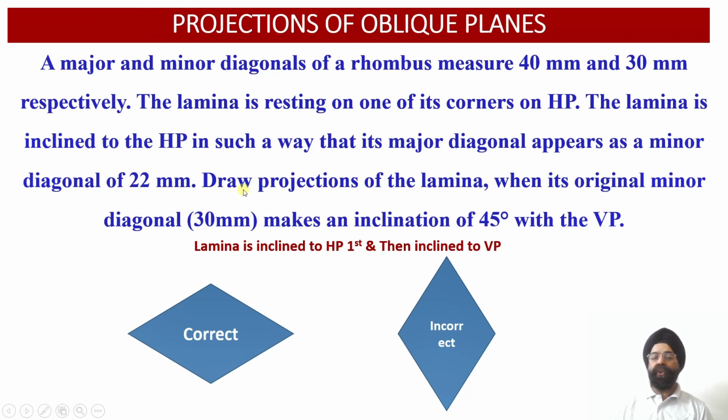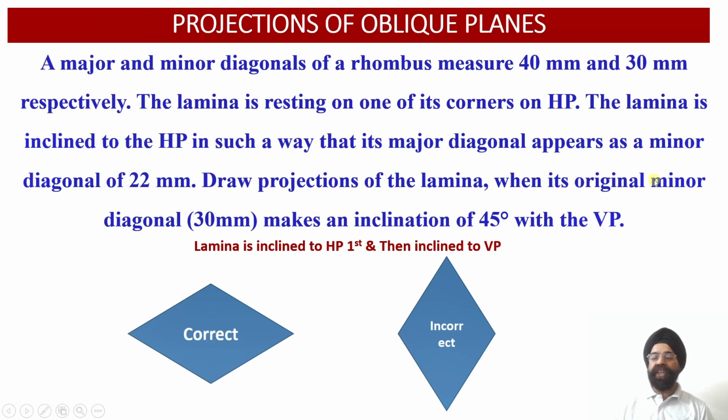Now we are required to draw the orthographic projections of this lamina when this original minor diagonal of 30 millimeter, even after the inclination of this lamina with respect to the horizontal plane, will still be equal to 30 millimeter in the top view.